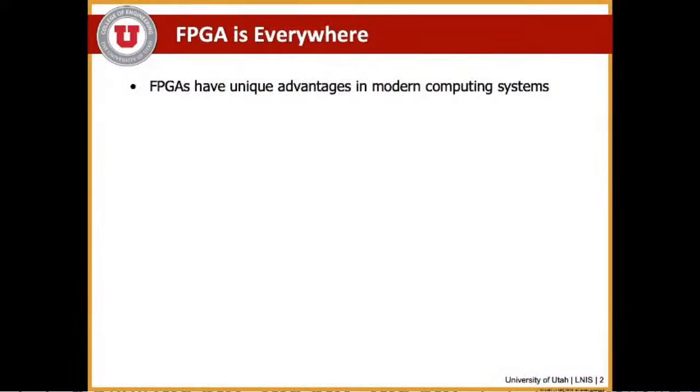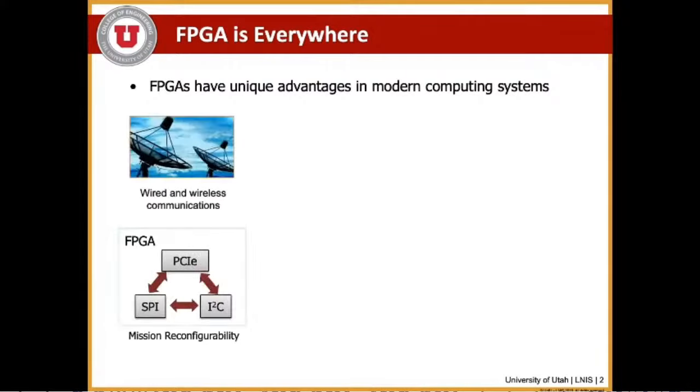So nowadays you may see that FPGA is everywhere. FPGA has unique advantages in modern computing systems. That's why you see it very popular in wired and wireless communications, where FPGAs serve mainly as interfaces between different communication protocols, such as PCIe, SPI, and I2C.